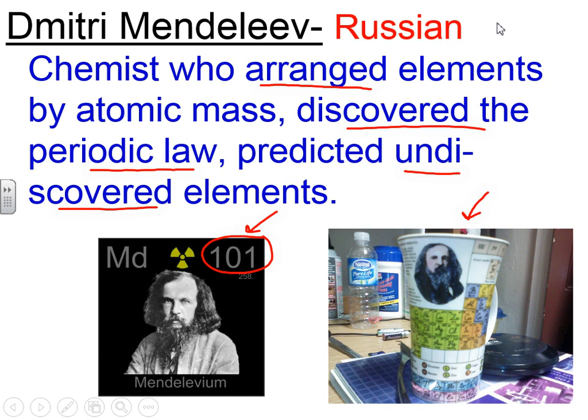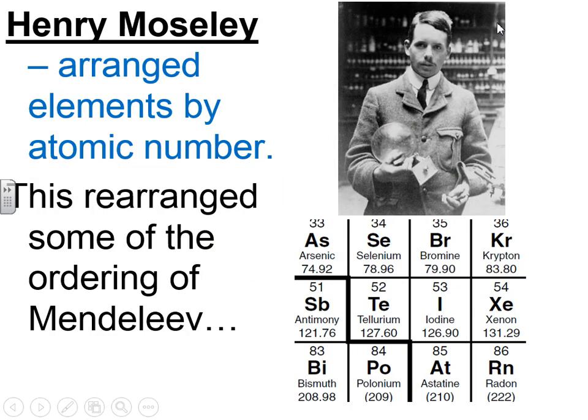Now there was another scientist also that's associated with the periodic table by the name of Henry Moseley. He was actually an English chemist or scientist, and he arranged elements by atomic number. Now Mendeleev arranged them by atomic mass, and Moseley actually said some of these elements should be flipped. A good example of this is tellurium and iodine.